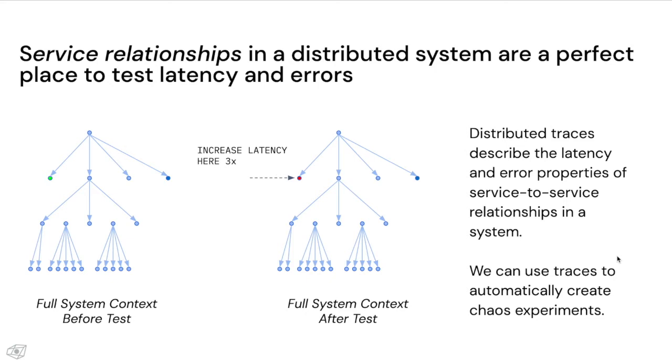Those relationships alone have really important context to automatically suggest or tell you where's a really good place to increase latency or increase errors. So just the relationships by themselves, unlike, say, unstructured logs or just metrics that power dashboards, there's enough data in here to do a lot of really interesting things with programmatically defining new types of chaos attacks. So we'll actually be showing what that looks like using traces right now.